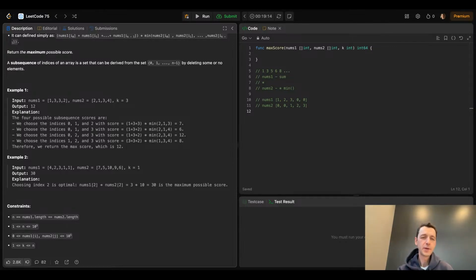What if we do it like that? We start with one index and find the index that gives us the maximum score by 1. That's not the worst approach. Let's see.